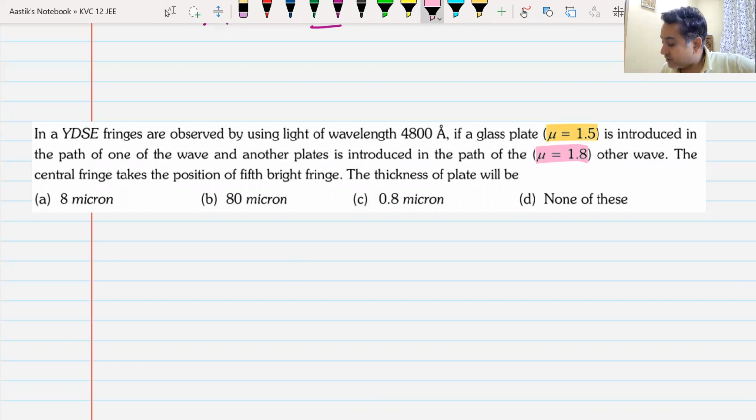The central fringe takes the position of the fifth bright fringe. What is the thickness of the plate? Imagine both the plates are of equal thickness T.